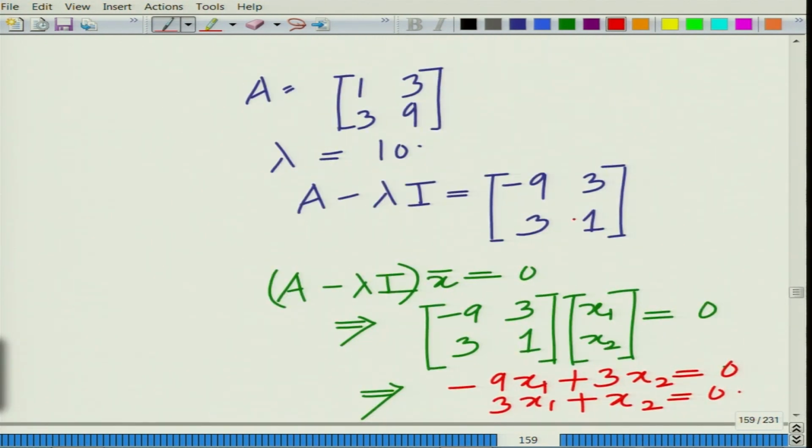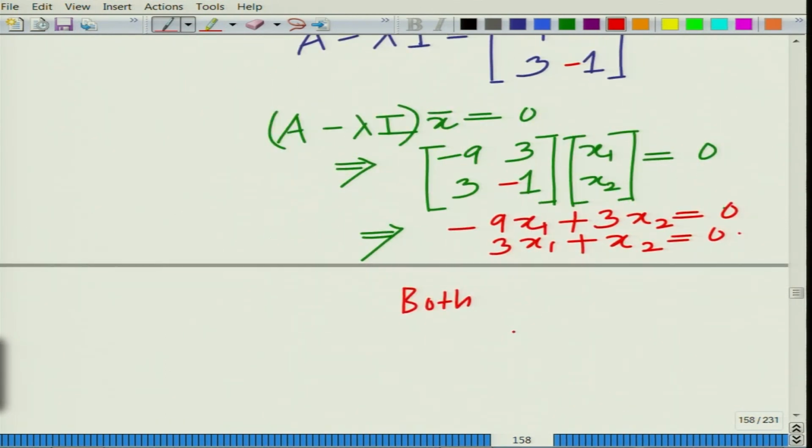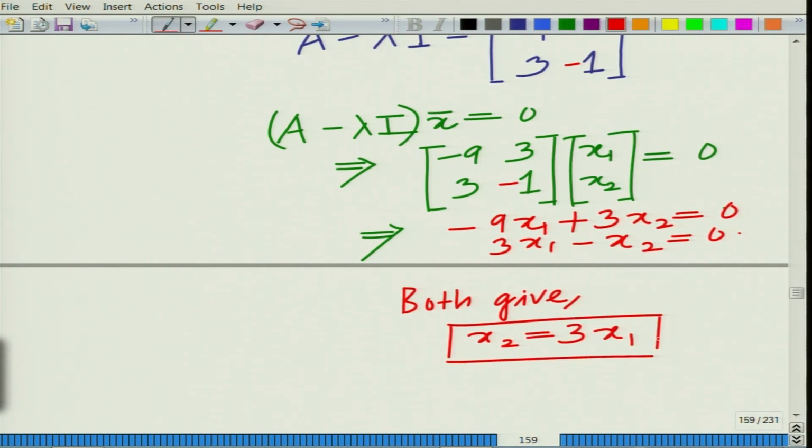So A minus lambda I, this has to be minus 1, right. This has to be 9 minus 10, which is minus 1, both. So 3x1 minus x2 equal to 0, both give x2 equal to 3x1. This is the property the eigenvector has to satisfy.